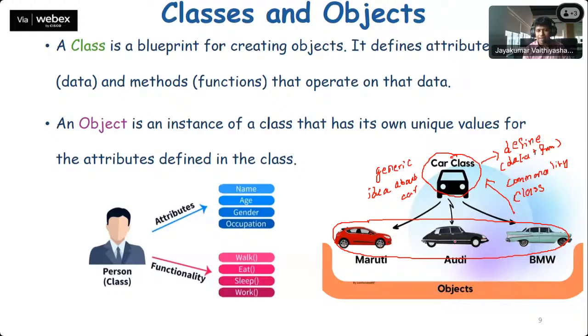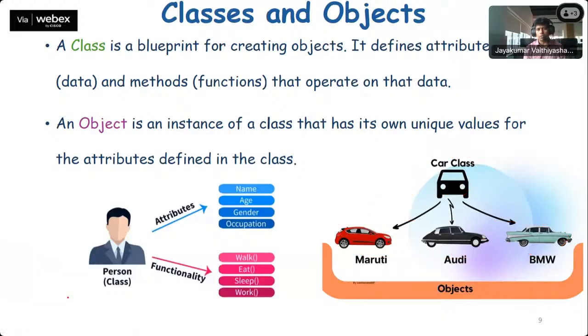But here the variation will come. At object level variation will be there, but the commonality will be found in the base class. I hope this gives some clear definition about class and object. Any doubt? If you have any doubt, please ask me, because this is a very important slide.